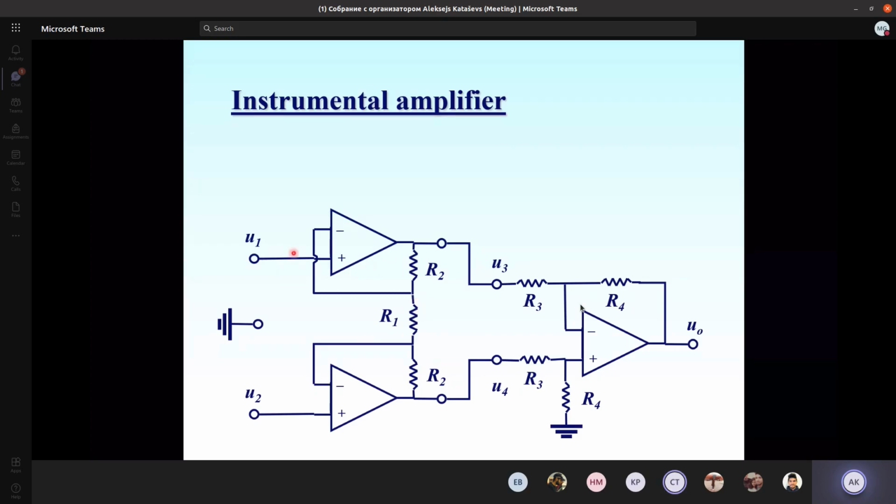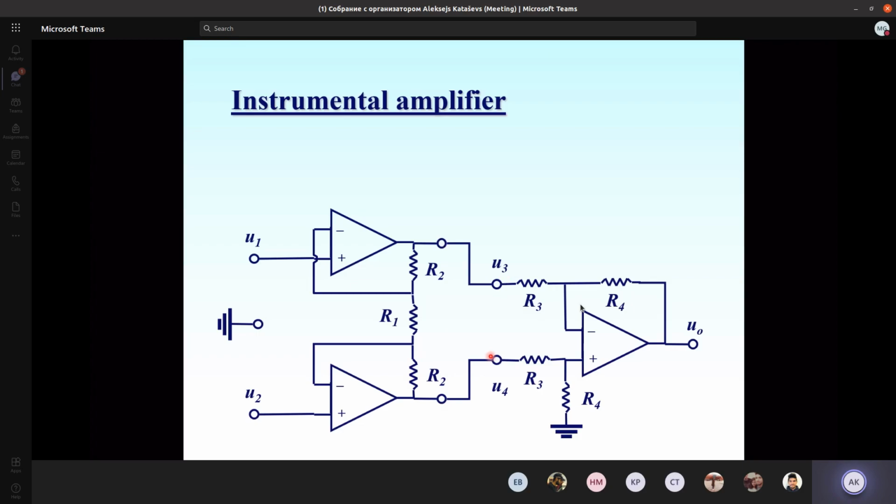So if we have equal voltages on the inputs, we have 0 voltage drop over R1, so the current through R1 is 0, and the same 0 current flows through R2 here and here. There is no current through this whole chain, and this means the voltages here and here, U4 and U3, are equal.